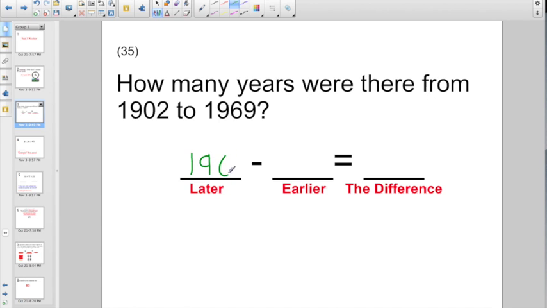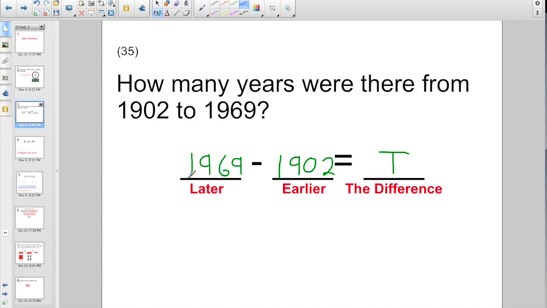So we're going to start off with 1969 minus 1902. And they want us to go ahead and find the difference between these two numbers, the answer when we subtract them. So maybe we'll just use t for our variable. Do you have to go and isolate any variables?